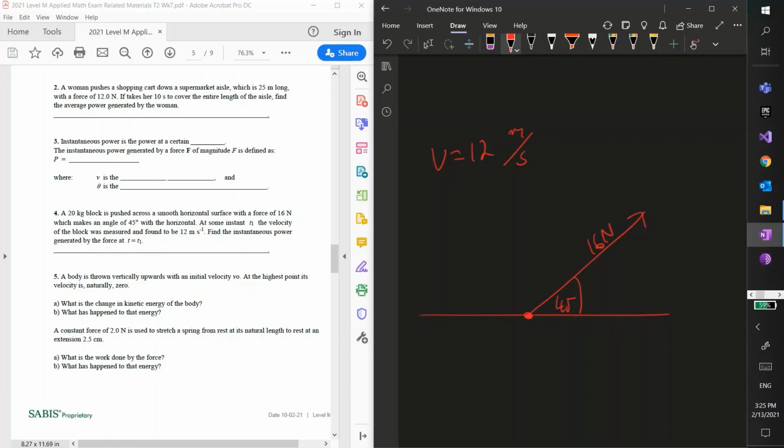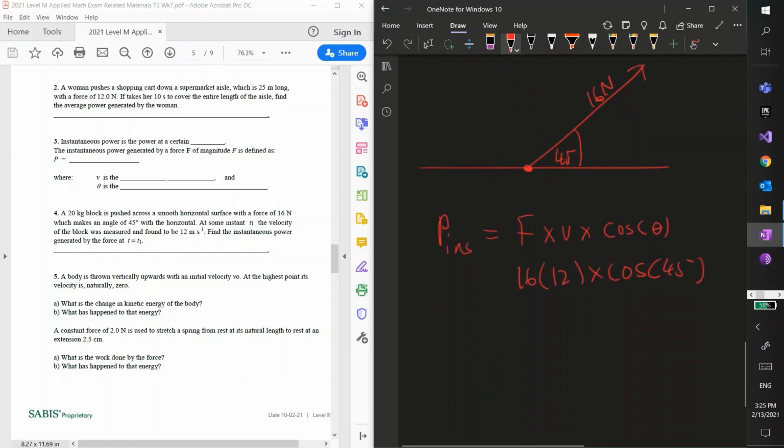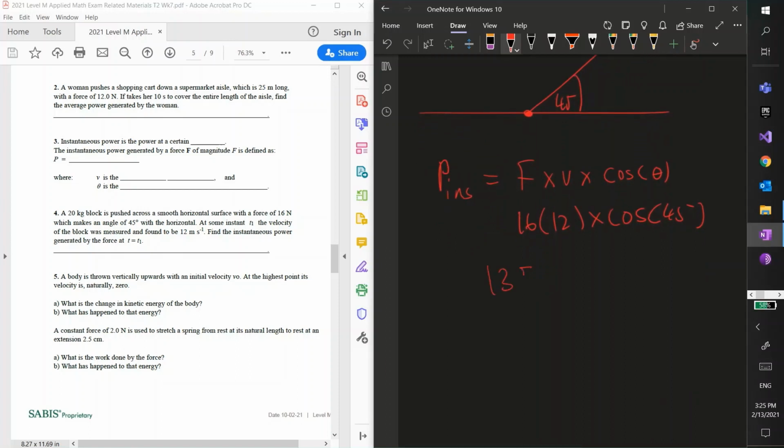From the previous question, we saw that instantaneous power is the same thing as force multiplied by velocity multiplied by cosine theta. So just substitute the numbers: 16 multiplied by 12 multiplied by cosine of 45, and that will give you 135.76, I believe, something like that.